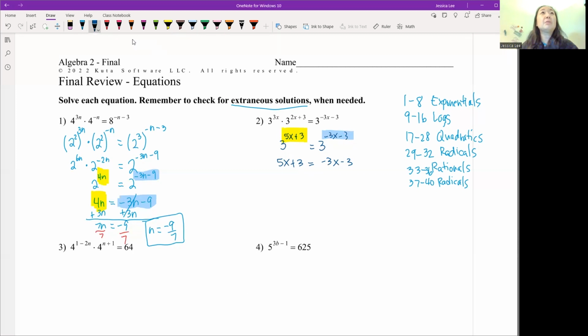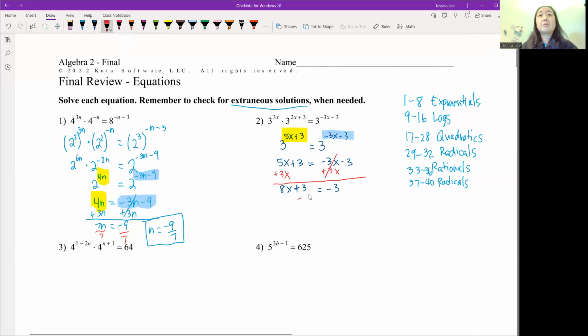Right. So then again, we're just going to solve for this. We're just going to add 3x on both sides. I like getting my x's together first. Get the x's together and then get my constants together. So that'd be 8x plus 3 is equal to that negative 3 right here on the right. And then, oh, that should be a minus.